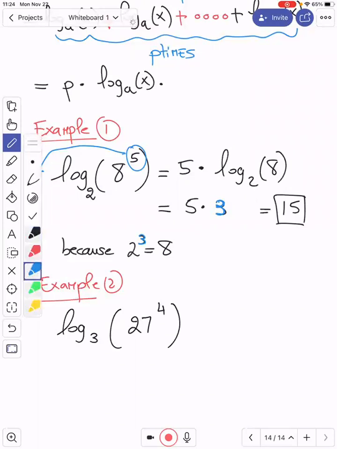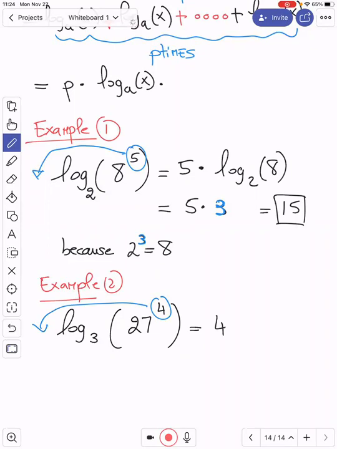Again, you can just move this power, which is 4, to the front of the log. So that's 4 times, and then you are left with log in base 3 of 27. Now what's log in base 3 of 27?